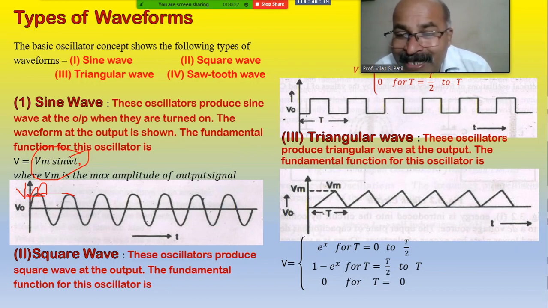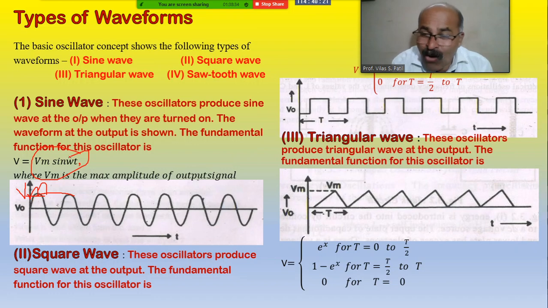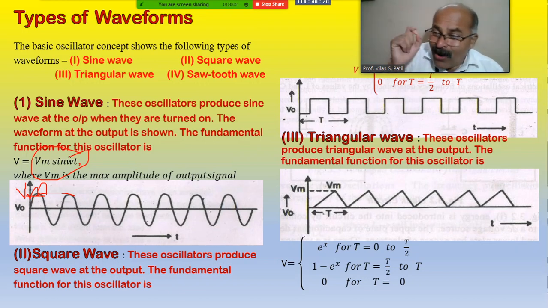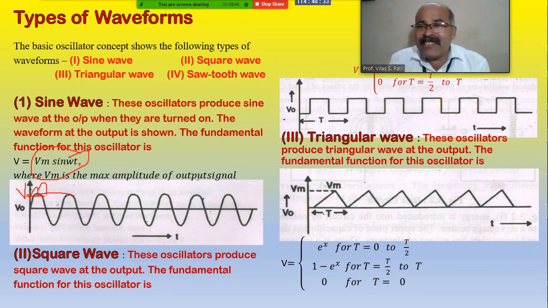And how one can show in mathematics, in the form of mathematics, we have to write the equation. An equation is v is equal to Vm sin omega t, because the sin omega t is the variation in sinusoidal manner. In sinusoidal manner, the variation is the sine wave, and hence we are writing the mathematical form v is equal to Vm sin omega t.